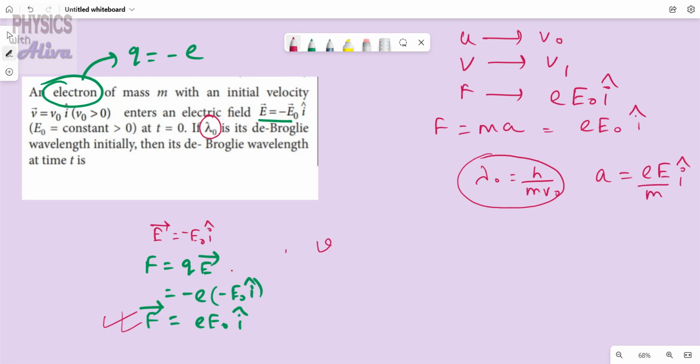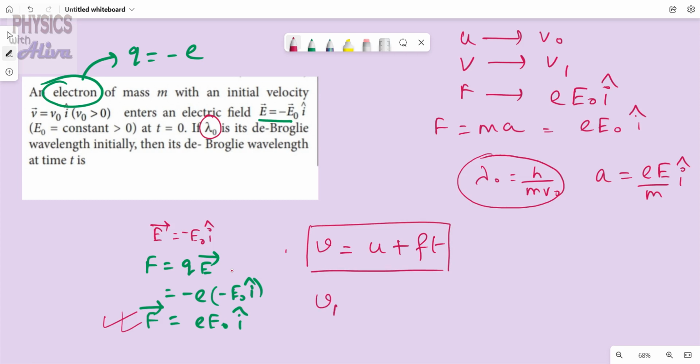Here we all know the formula of the final velocity: v equals u plus f t, where v is the final velocity, u is the initial velocity, f is the acceleration, and t is the time.